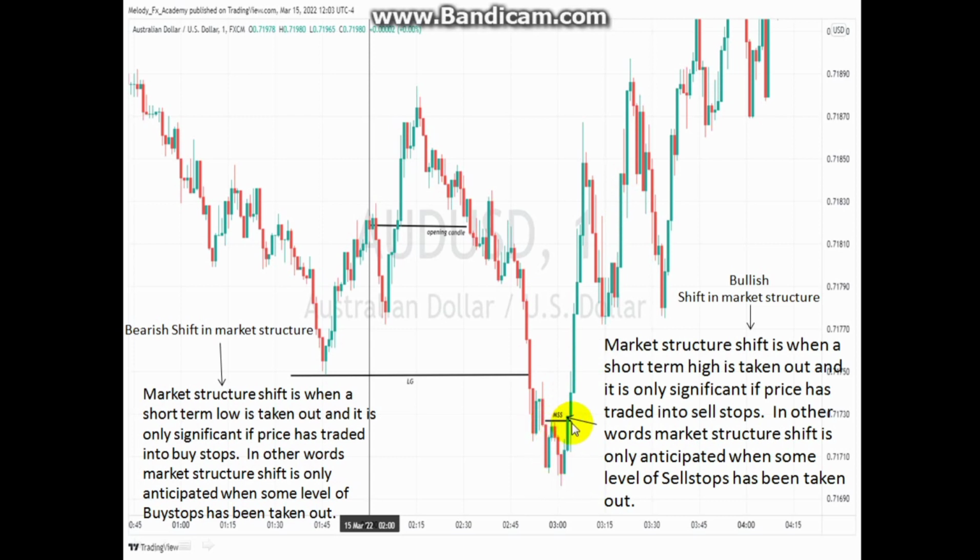So this is a valid market structure shift because an old low has been taken out. Price traded under an old low, taking out the sell side liquidity.